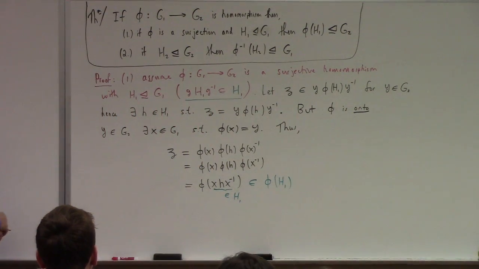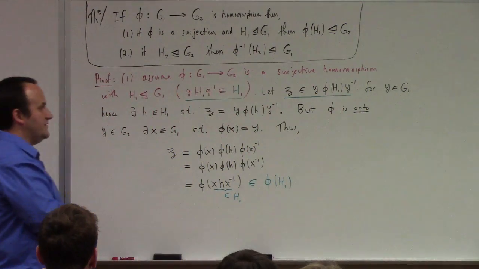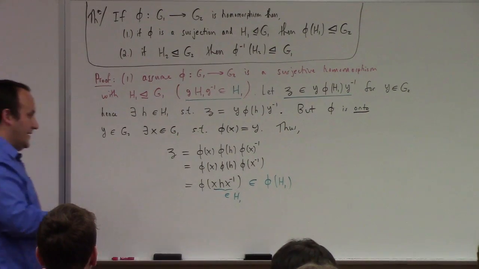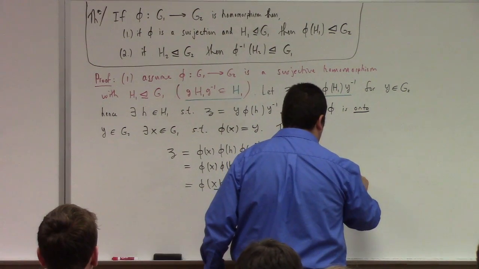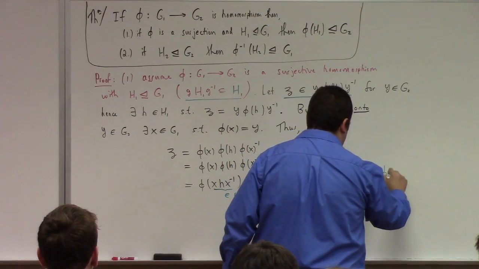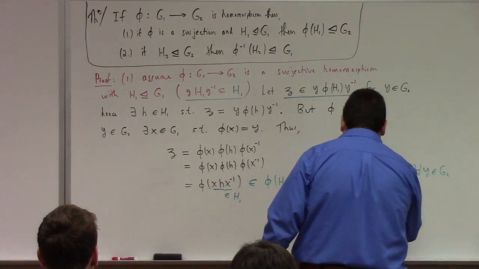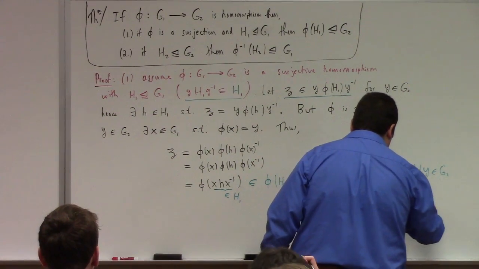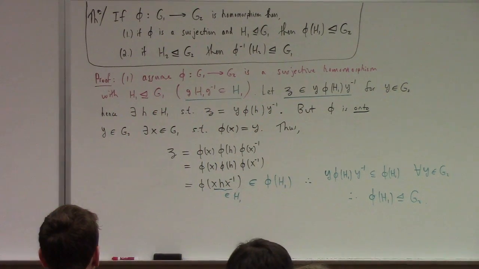I've shown that an arbitrary point in the conjugation of the image of H1 by something in G2 is again in the image of H1. That is to say, Y phi of H1 Y inverse is a subset of phi of H1 for all Y in G2. And therefore phi of H1 is a normal subgroup of G2, as we wanted. So there's the proof of 1.